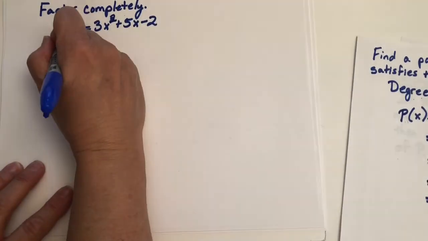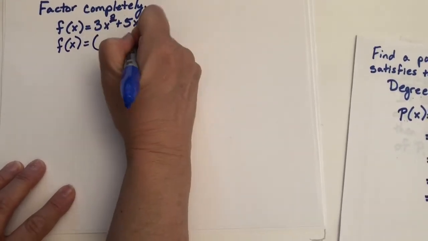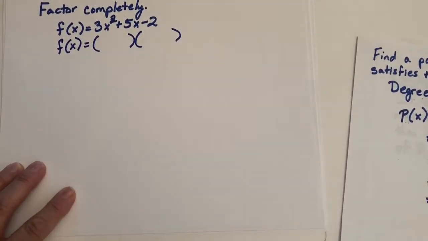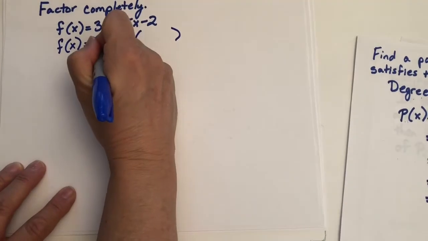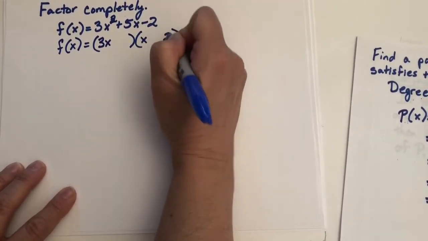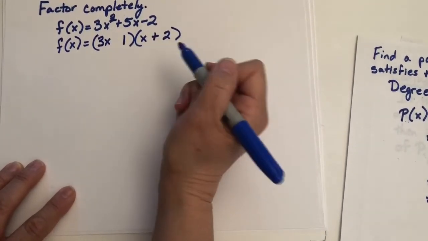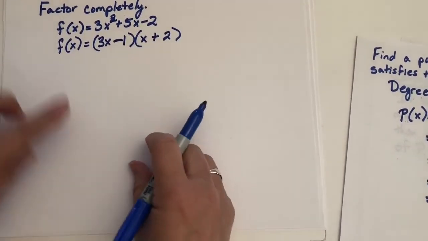And you could use your traditional strategies for factoring your trinomial. Again, I use trial and error. You can use whatever strategy you like. So I have 3x and x. I'm going to put a 2 here and a 1 here with a plus and a minus, and it's done.